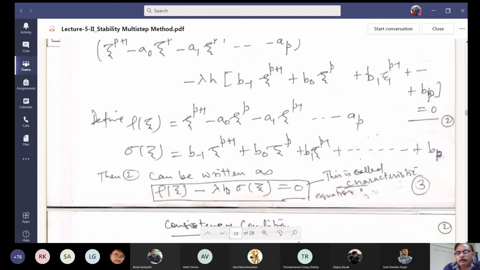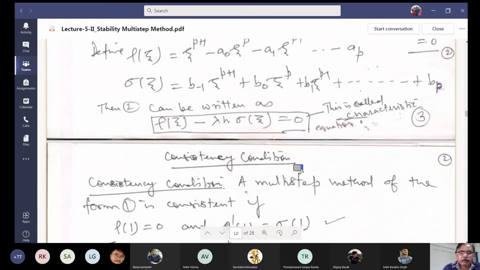And here you see, if h approaches 0, h you have introduced by partitioning your domain A to B, right? So if h approaches 0, what will happen? This characteristic equation will go to rho xi equal to 0. That is called the reduced characteristic equation, right?